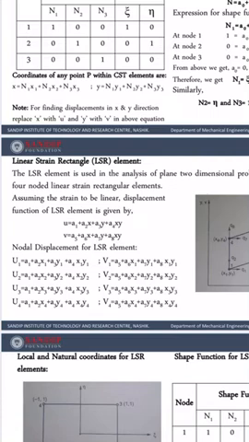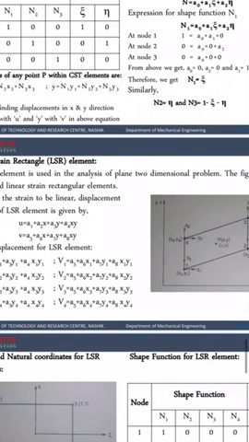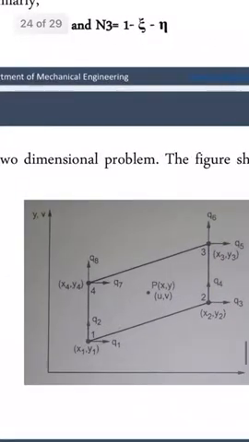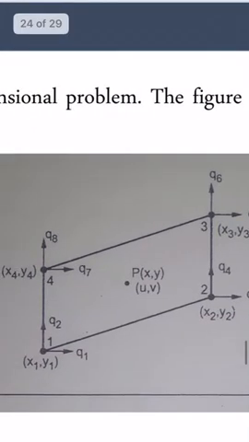The LSR element is used in the analysis of plane two-dimensional problems. This is the figure of the 4-noded rectangular element. Similar to CST there are four nodes, so four sets of coordinates: x1 y1 for the first node, x2 y2 for the second, x3 y3 for the third, and x4 y4 for the fourth.